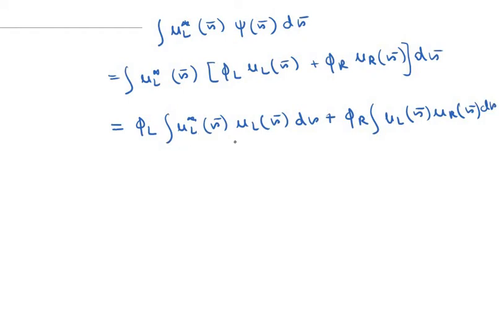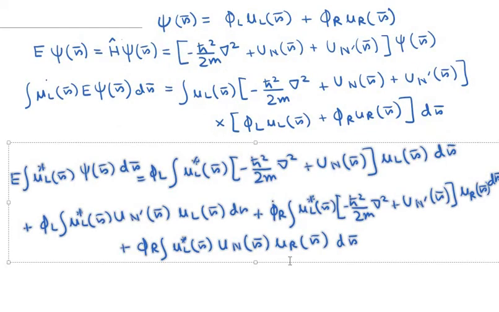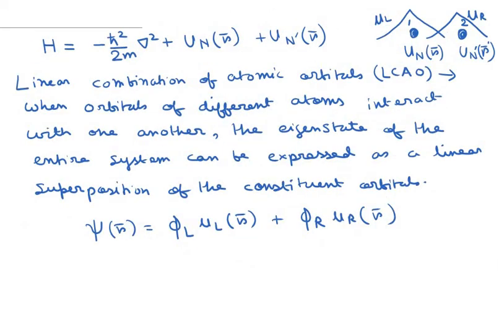Okay, now this is the inner product of the orbital wave function of the left isolated atom. So since this must be normalized, this integral should be equal to 1. So this is equal to phi l, and this one basically depends on the overlap of the orbitals of two atoms. Okay, so here the wave functions are basically overlapping.